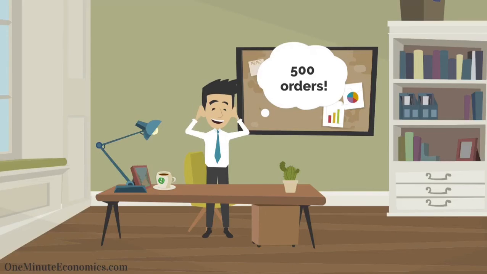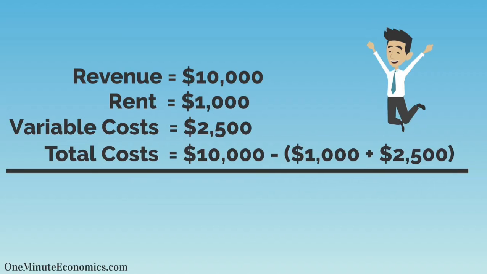Now, in the second month, Mr. John was able to sell 500 airplanes at $20 each. His total revenue will now be 500 multiplied by 20, which is $10,000.